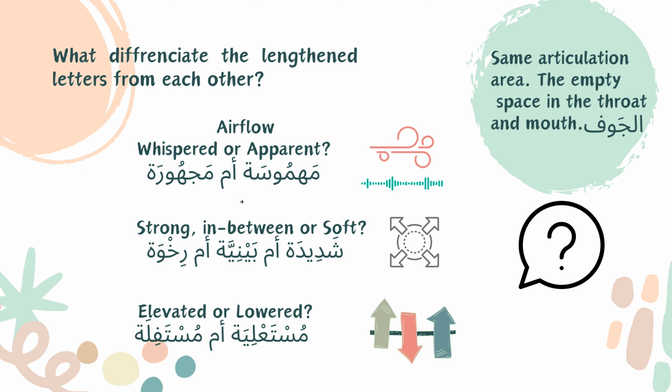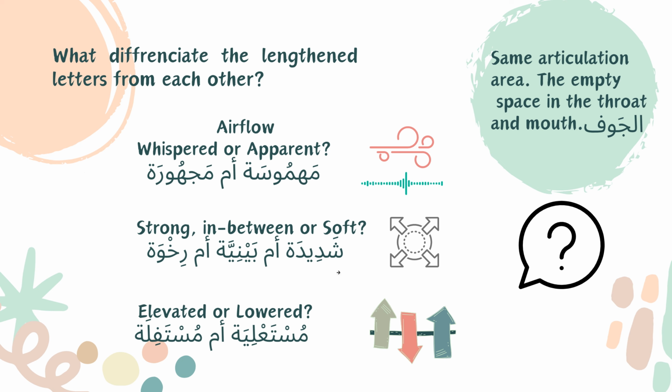And just as a reminder, remember when we talked about whispered or apparent, mahmusa am majhura? Remember the angles that we talked about? We started with this one. Is it strong or soft or in between, shadida am rikhwa am bayniya?